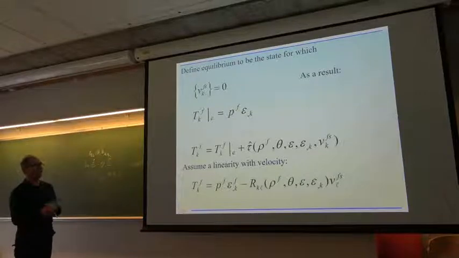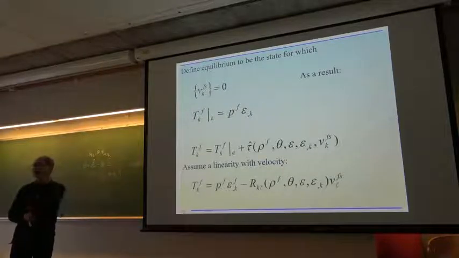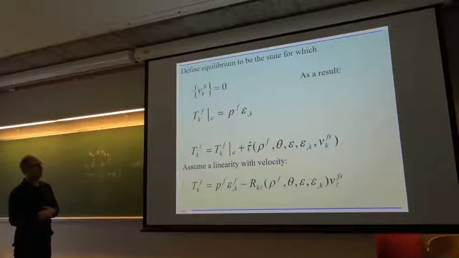If I still have to say something, how does it depend? And that is your choice. What is your material? How does it behave? Now, often linear. If you make a linear expansion in terms of VFS and in terms of epsilon k, then we get nothing in epsilon k, only VFS.